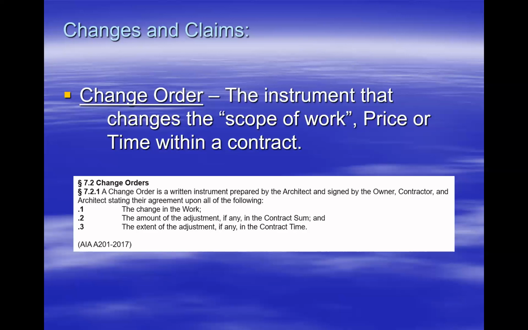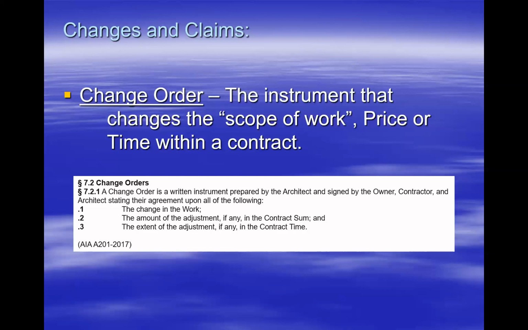So when we're dealing with change orders, what we're really dealing with is a change in the scope of work, a change in the contract sum, or a change in the time. Now, I also should just really quickly mention here that it doesn't have to be all of these. It can be one, or it can be any combination of these three.